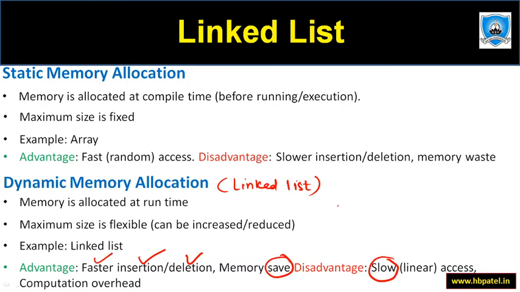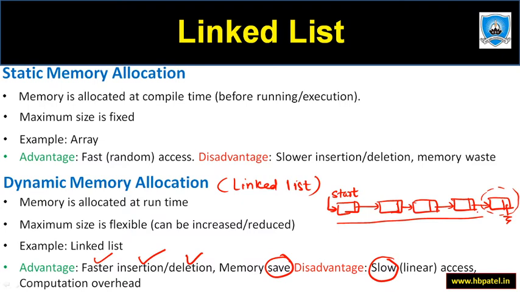Why? Because let's say this is a very simple linked list with 5 elements. Every time we start with the very first element, and let's say the pointer is here. If you wish to come down over here, you will have to traverse through all these elements.